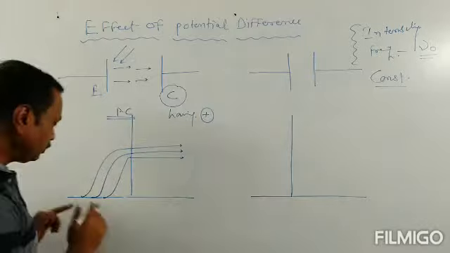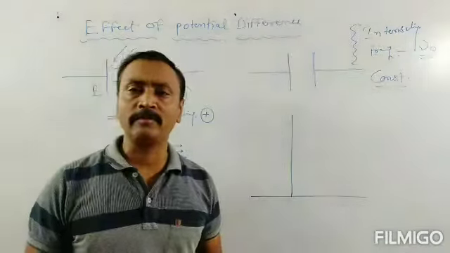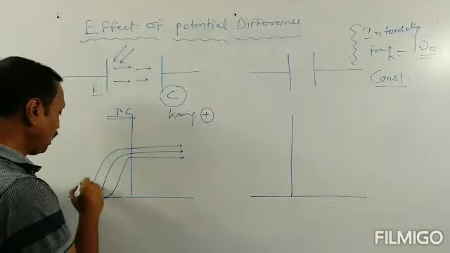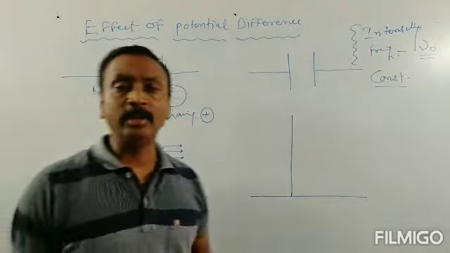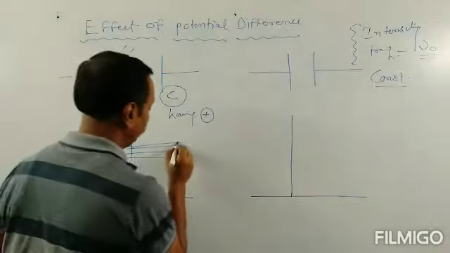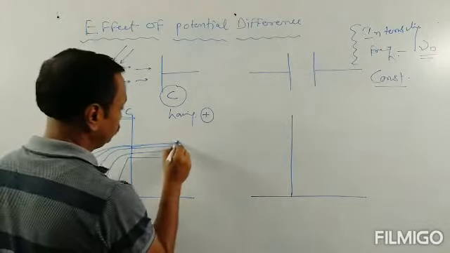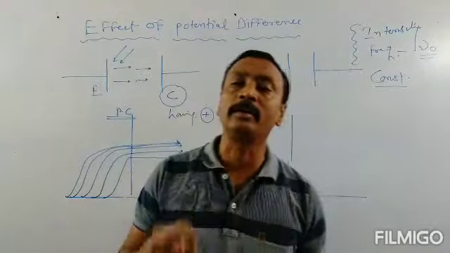But at a certain stage, when I increase the potential difference step by step beyond that, I don't get an increase of the photoelectric current. It is steady. There is no increase in the photoelectric current.